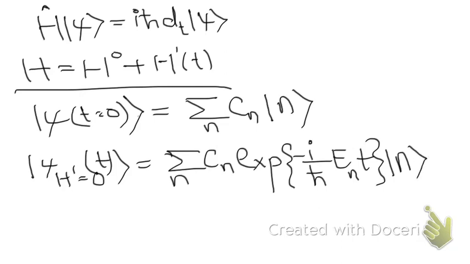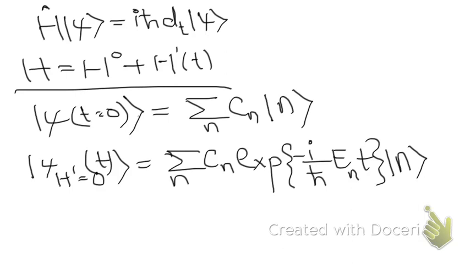My state n is evolving in time. So this is how we write the time evolution of a state psi when there is no perturbation, and we know this.